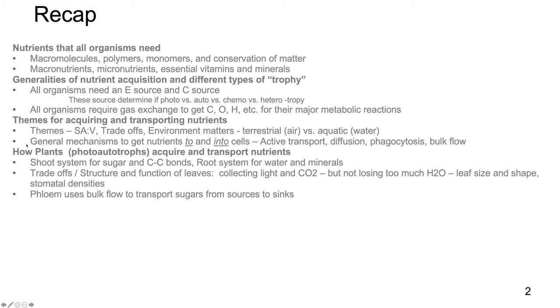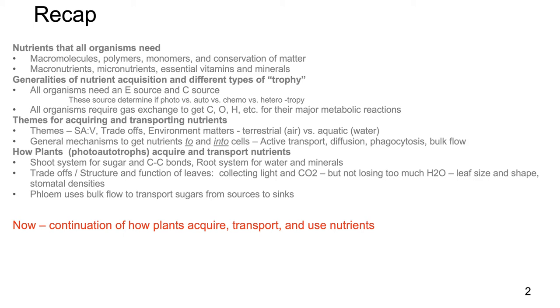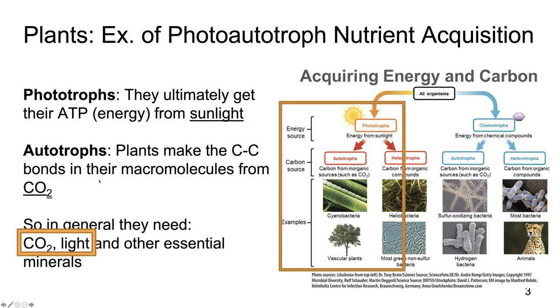And we began talking about how plants acquire and transport nutrients, plants being our representative of the photoautotrophs. Today we're going to continue on this next theme of how plants acquire and transport nutrients, and we're going to talk about carbon. If you've not yet viewed these previous lectures, please do so before you move on in this lecture.